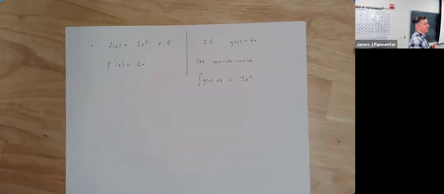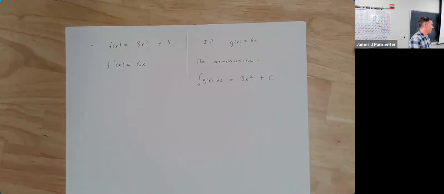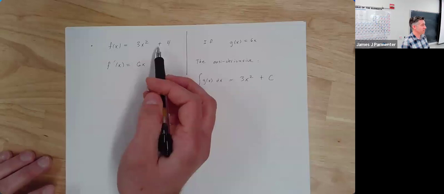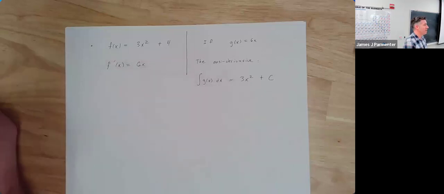So what we usually do when we're finding general antiderivatives is we add on a plus c. And as far as we're concerned, this is close enough. Yes, I recognize that 3x squared plus c and 3x squared plus 4 are not precisely the same function, but they're close enough. They differ by, at most, a constant.